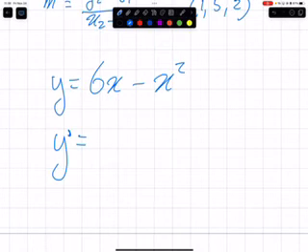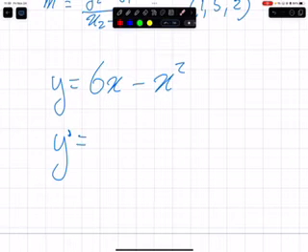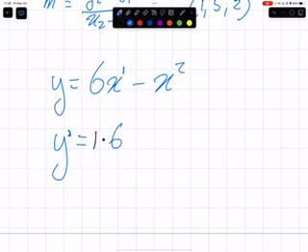It's to the power of 1. So 1 times 6 times x to the power of 1 minus 1.